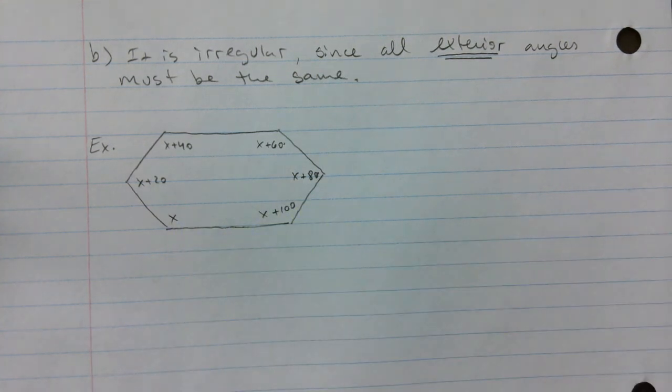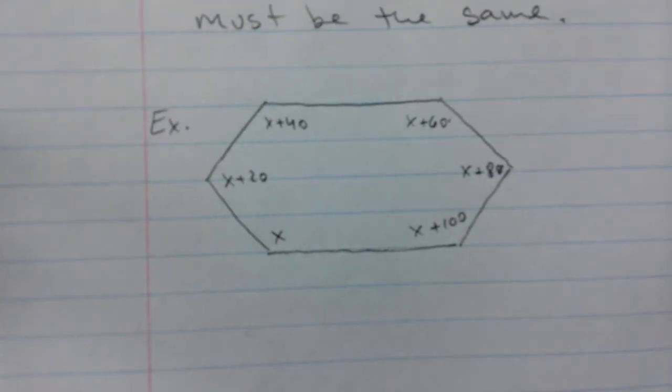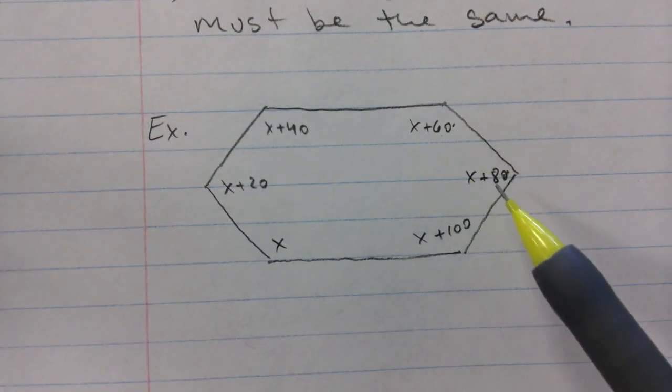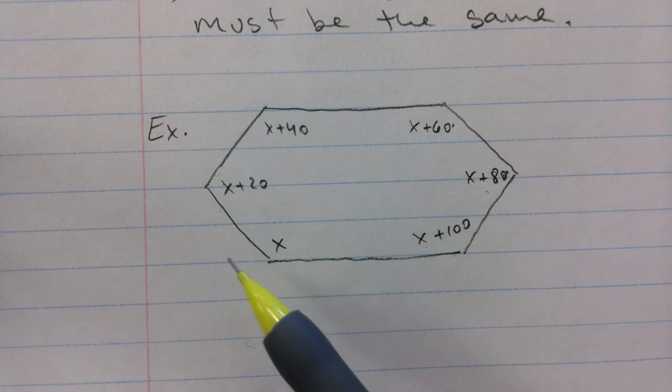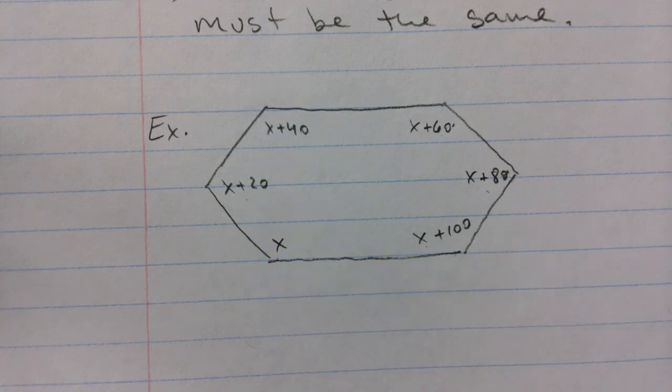I will tell you what, I'll zoom in so you can see. So that is x plus 40 up here, x plus 60, x plus 80, x plus 100, x, and then x plus 20. So if I gave you something like that and I said solve for x, would you be able to do it? You should be, right? Just write it down first, copy it, have it.